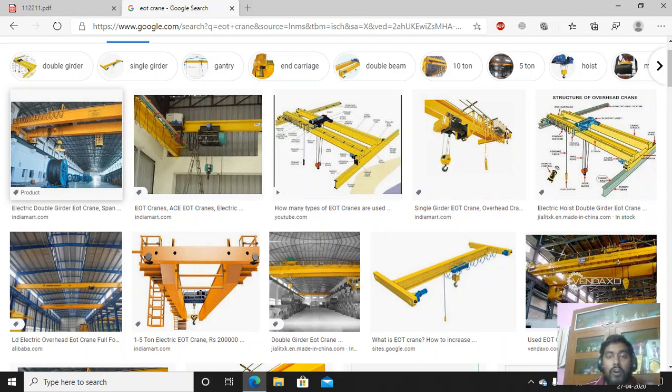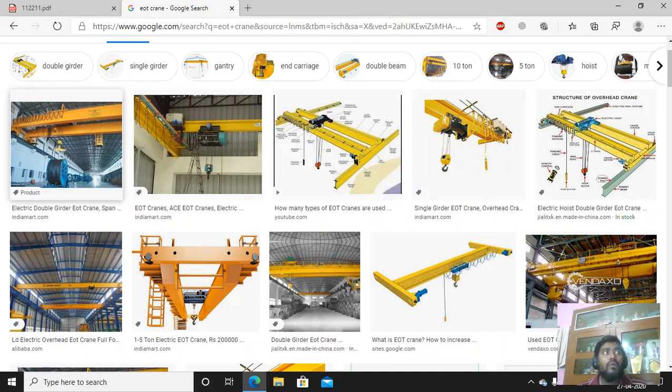These cranes are used to lift heavy materials, heavy machineries from one place to another in the industries. And I think in Kolkata, in the work of the metro that is being done here, the EOT crane is being used for placing pre-stressed girders. I think you have seen that.